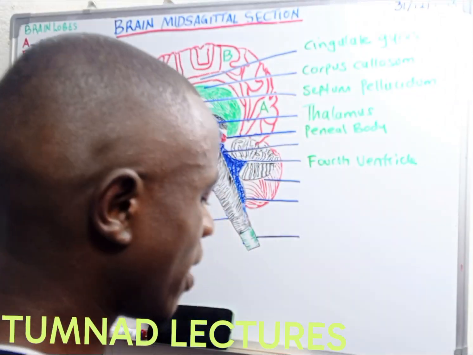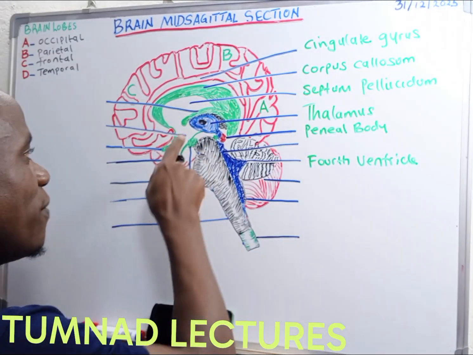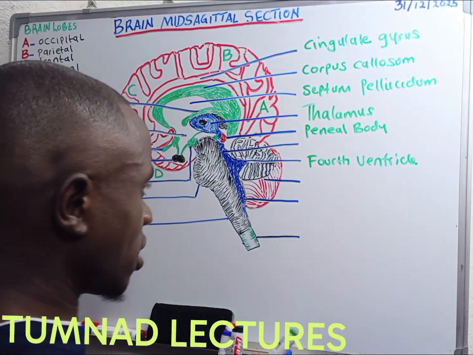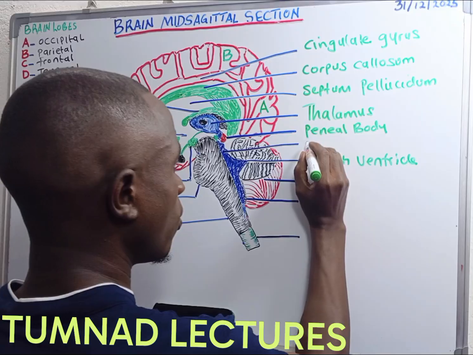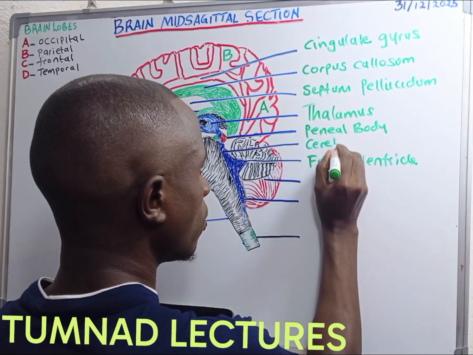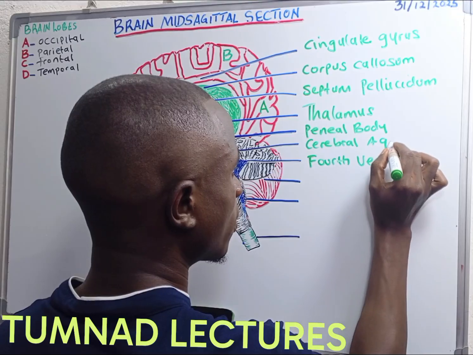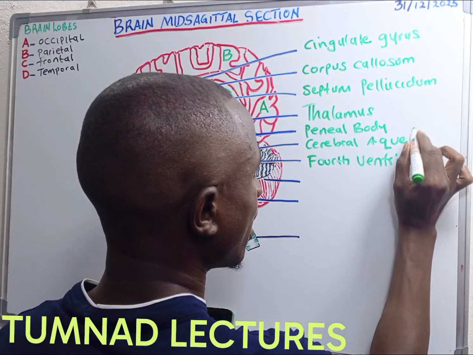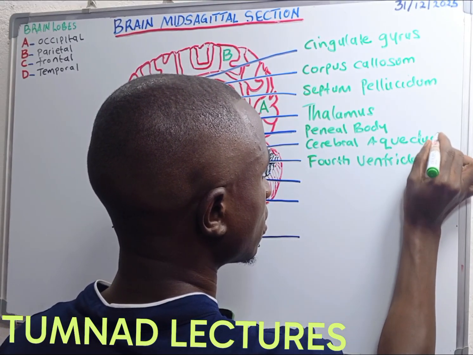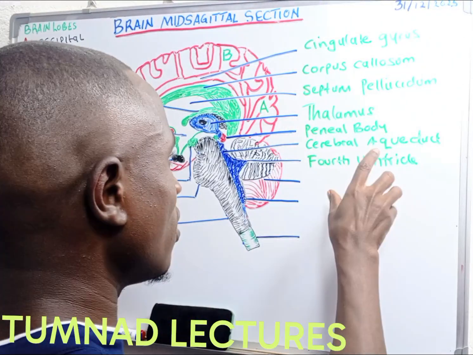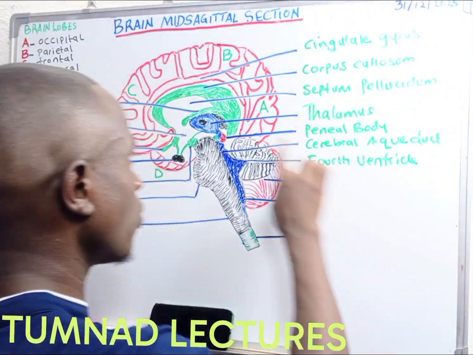How do we call this canal that connects the third ventricle to the fourth ventricle? They call this one the cerebral aqueduct. Okay, cerebral aqueduct, meaning that it is the connection that connects the fourth ventricle to the third ventricle.